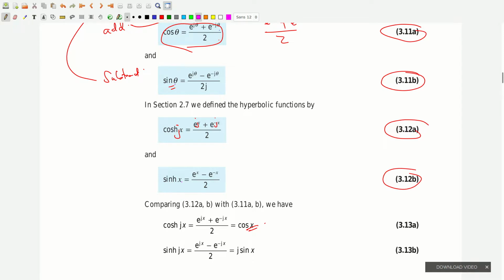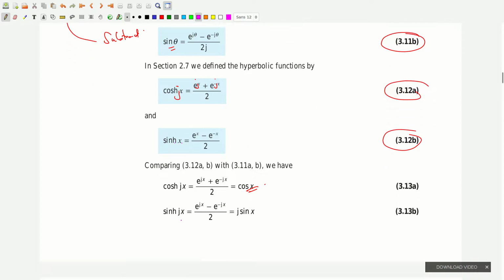And clearly we can also see that for hyperbolic sine of x, where's the hyperbolic sine of x? Yes, sorry, it's down here. Hyperbolic sine of x is given as that. Therefore, hyperbolic sine of jx is just like this. We put the j here. But we know that this is the definition of sine.